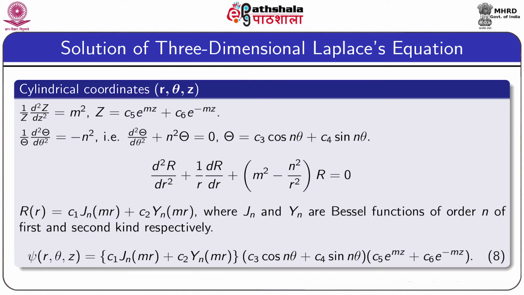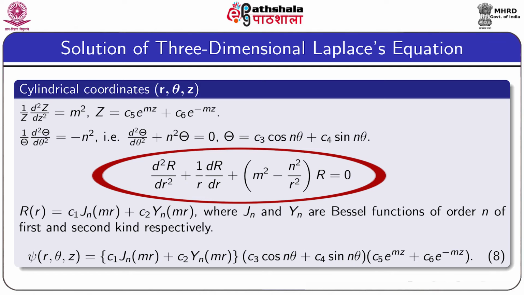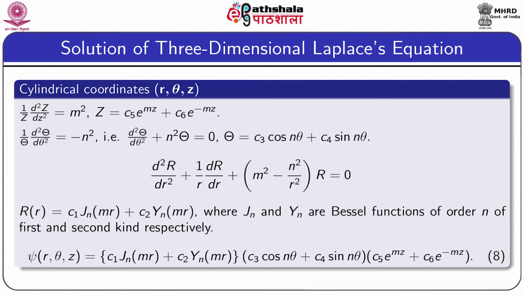But there is another equation, the equation in R, written here: d²R/dr² plus (1/r) dR/dr plus (m² minus n²/r²) R equals 0.